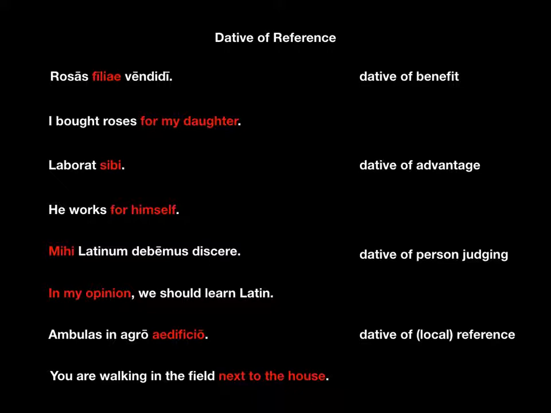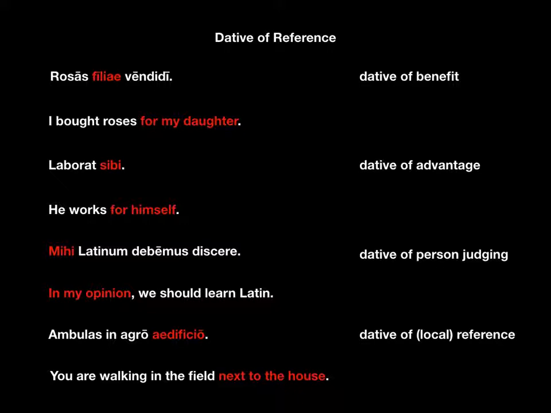And then you can also have something that shows you the position of something in reference to something else. It's a really literal local dative of reference. So "ambulas in agro edificio." You're walking in the field next to the house.